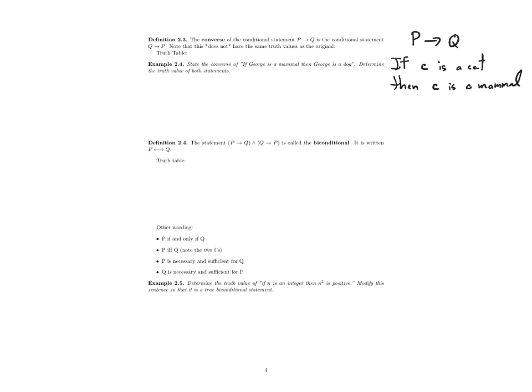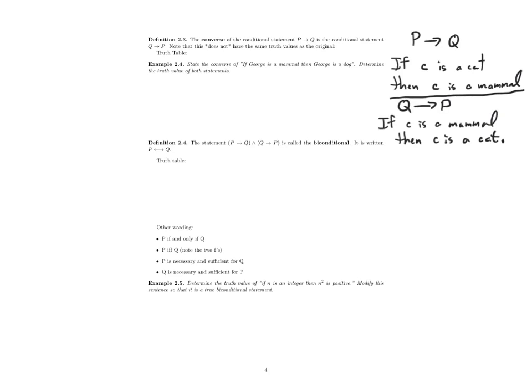Well, the converse is going to be just flipping the Q and the P. So it becomes Q implies P. That's the converse of P implies Q. And that is, if C is a mammal, then C is a cat. So that's the converse of the original statement above.